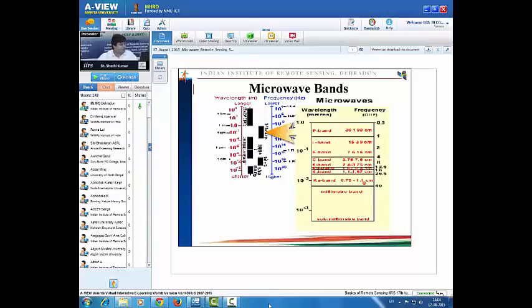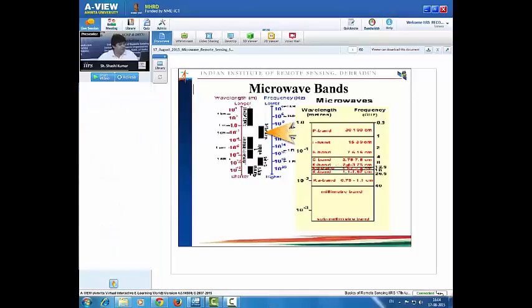Like in the case of K band, it is 0.75 to 1.1 centimeter, and for Ku band it is approximately 1.67 to 2.4 centimeter, and in the case of X band it is 2.4 to 3.75 centimeter, and for C band it is 3.75 to 7.5 centimeter, and similarly different wavelength ranges for the different bands.